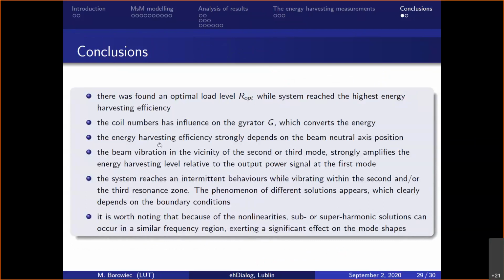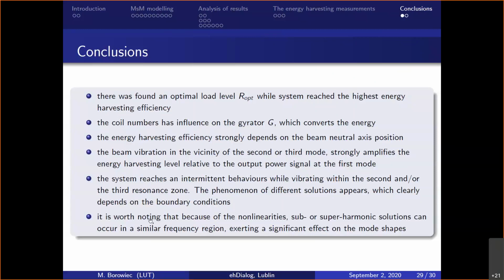Next, the coil number has influence on the generator, which converts the energy, and the energy harvesting efficiency strongly depends on the beam neutral axis position. The beam vibration in the vicinity of the second and the third mode strongly amplifies the energy harvesting level relative to the output power signal at the first mode, and the system reaches intermittent behavior while vibrating within the second and third resonance zone. The phenomenon of different solutions appears in these cases, which clearly depends on the boundary conditions.